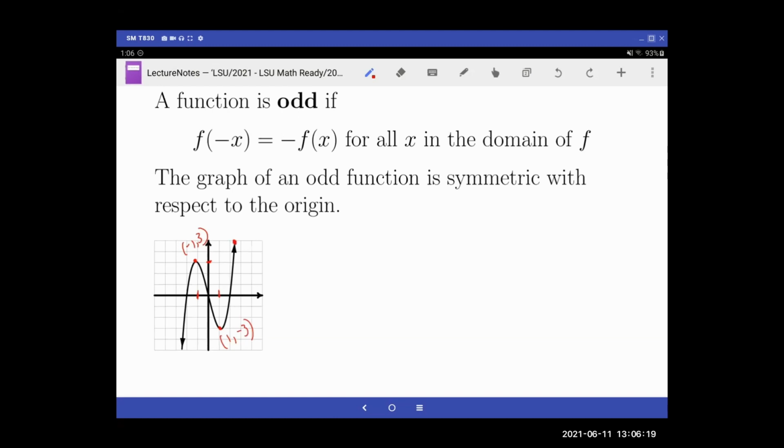Let's say this point right here is at 2.5, 5. Then I can expect that if I change the x value to negative 2.5, this graph should be located at negative 5. Here's negative 2.5. Sure enough, there is that second point. So changing the sign of the x value changes the y value as well. That would be an odd function.